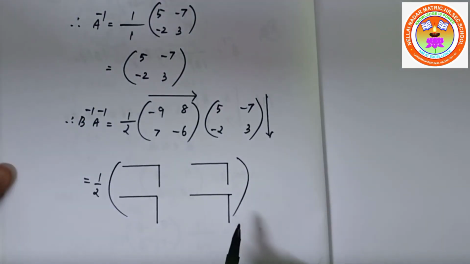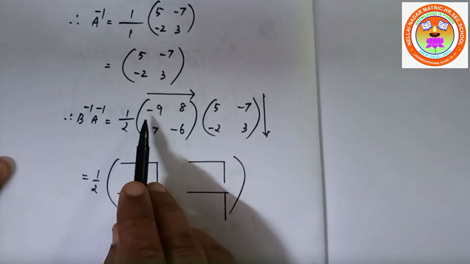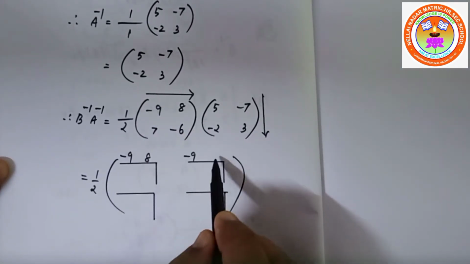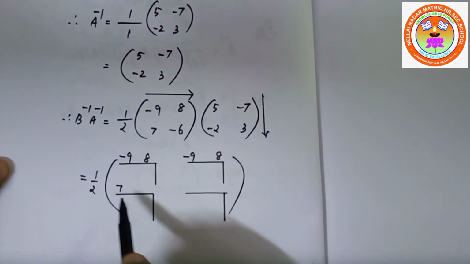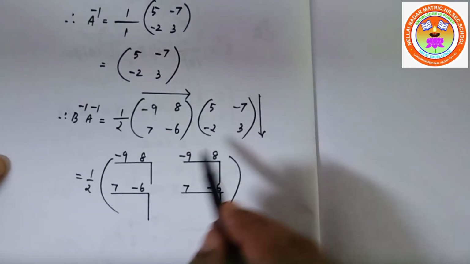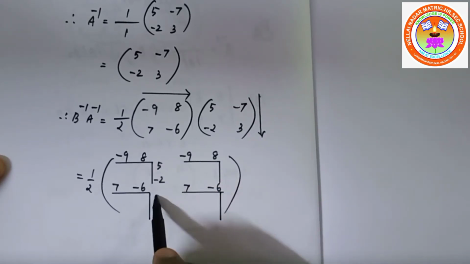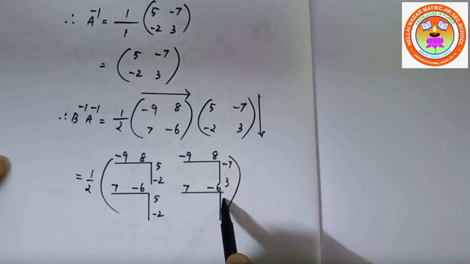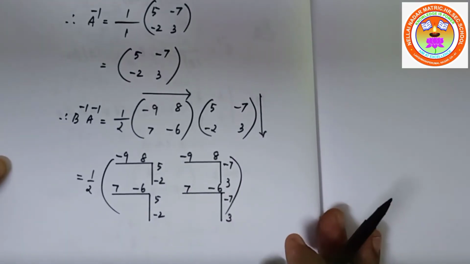See the first matrix, first row elements minus 9 and 8, here also write minus 9 and 8. The second row 7 minus 6, here also 7 minus 6, and first column 5 minus 2, here also 5 minus 2, and second column minus 7, 3, minus 7, 3.